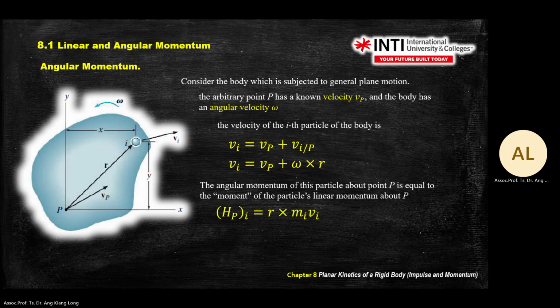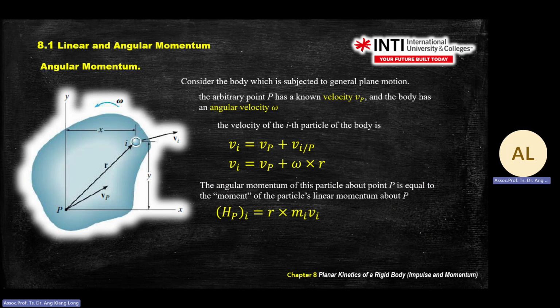And the moment of linear momentum. Moment means you take the perpendicular distance multiplied by force, or moment, right? So moment means there's a perpendicular distance multiplied by a perpendicular vector. So in this case, if it's the moment of linear momentum, you focus on linear momentum mv multiplied by the perpendicular distance.